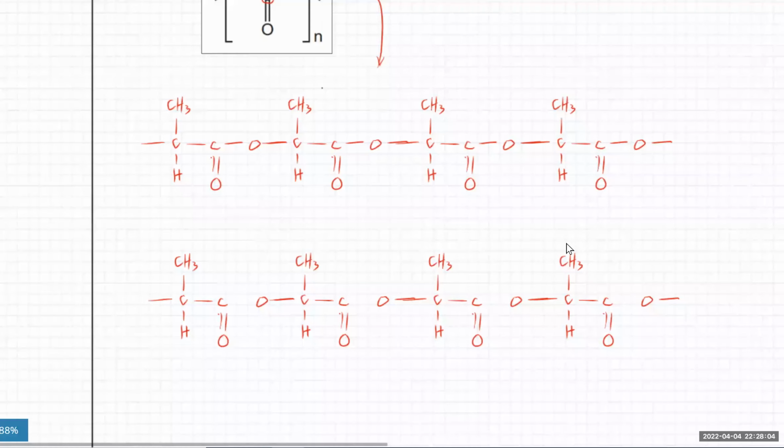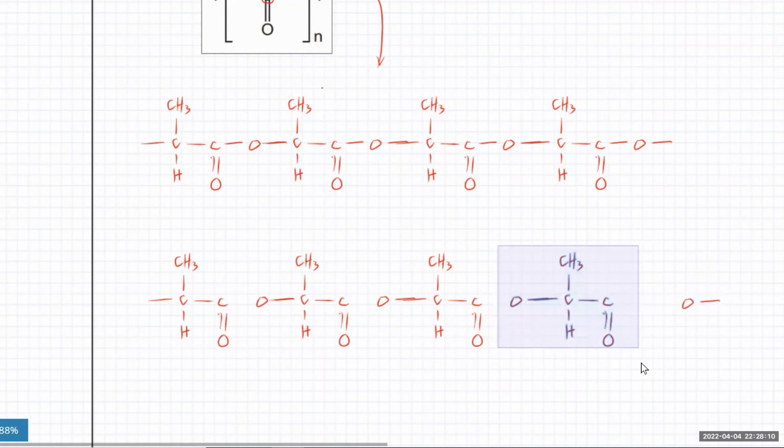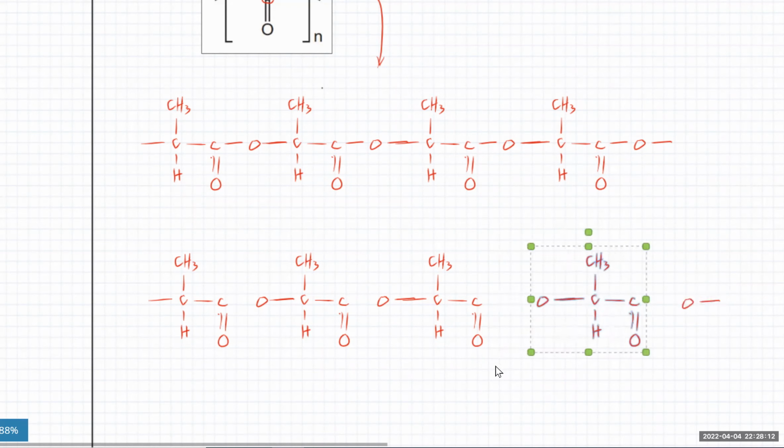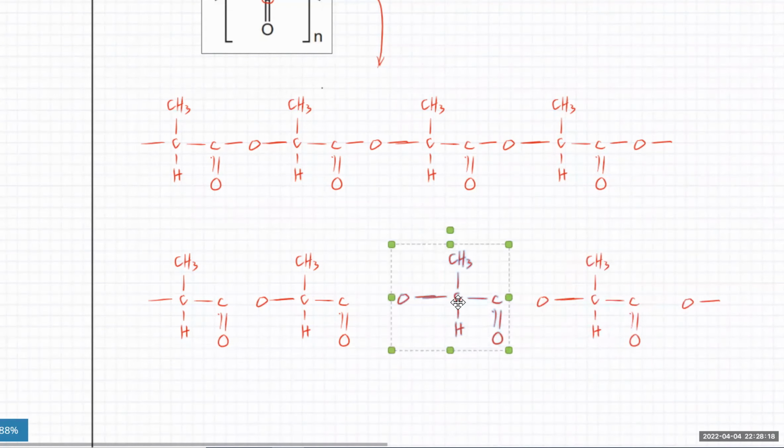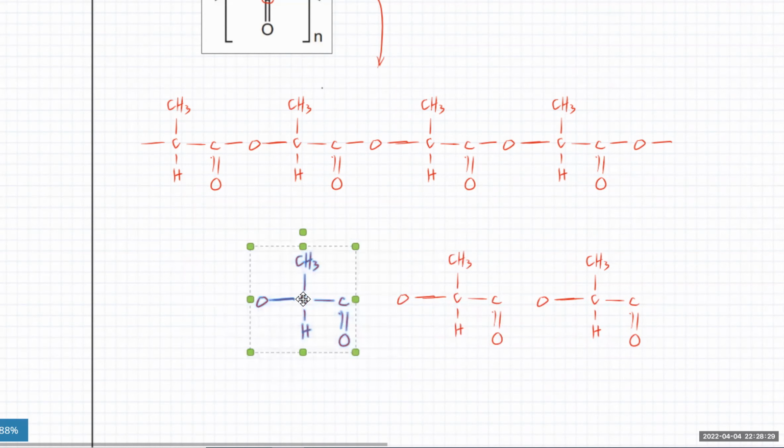Now I'll try to separate them. And basically we're getting the same. If I break the ester link, I'm pretty much getting the same thing. Let me just remove a few of them. So all I've done is I've broken the ester link.